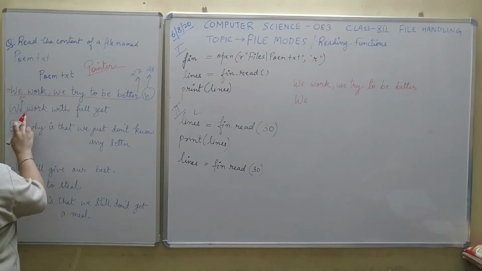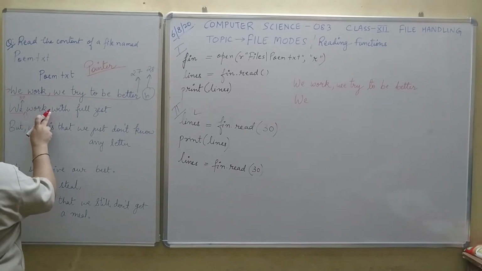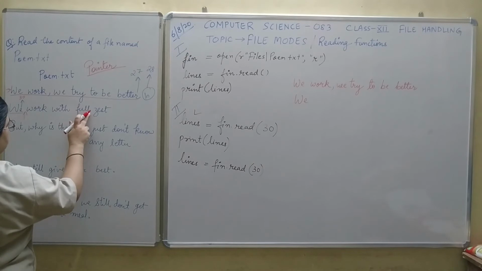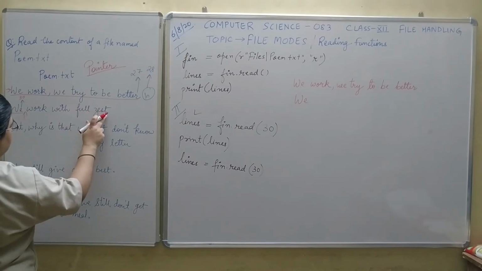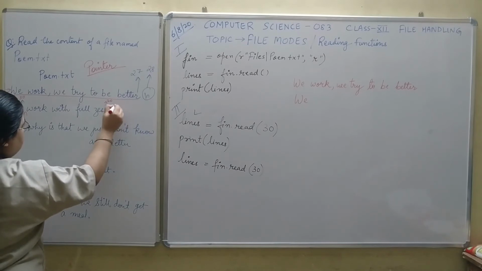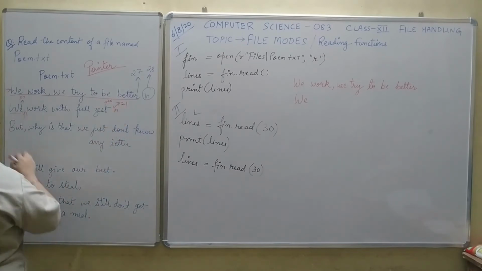It will read 30 characters including the space. So 1, 2, 3, 4, 5, 6, 7, 8, 9, 10, 11, 12, 13, 14, 15, 16, 17, 18, 19, 20. This is the 20th character, and you have a new line which is the 21st character.